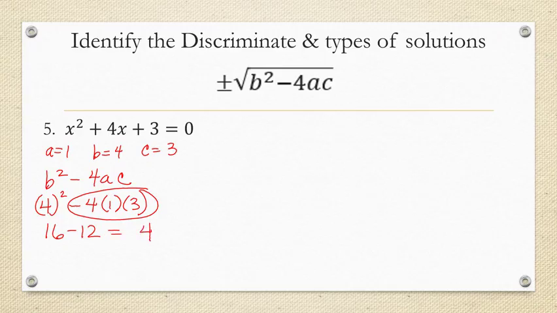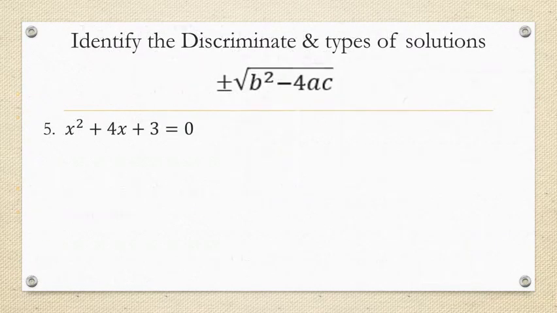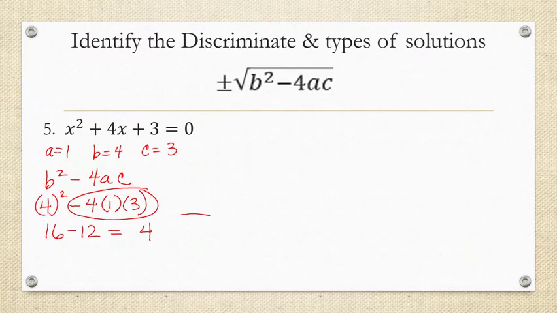All right, so let's think about this. Is 4 bigger? Let's go back and look at these. Okay, b squared minus 4ac, this number 4 right here. If b squared minus 4ac is greater than 0, how many solutions will I have? I'm going to have 2. So let's go back over here. 4 right here.